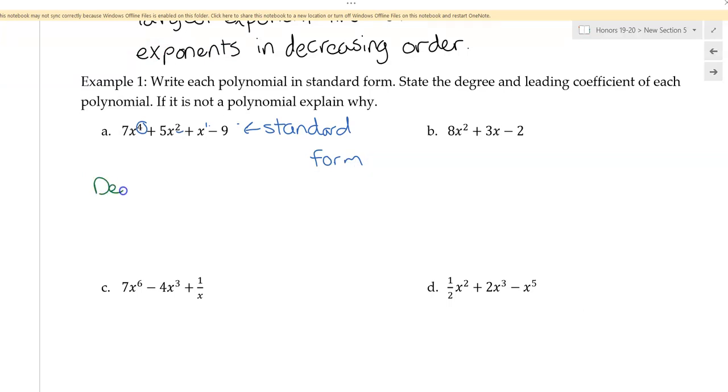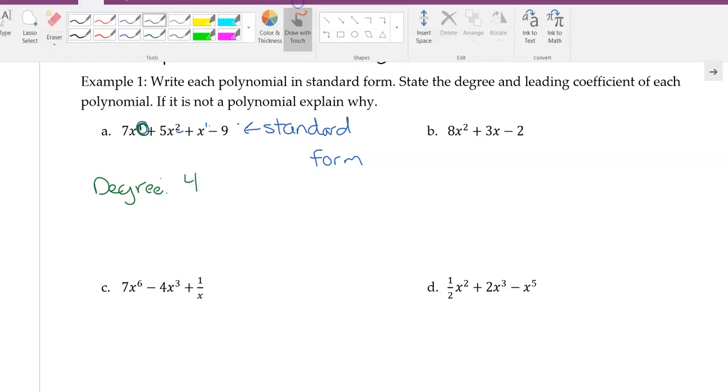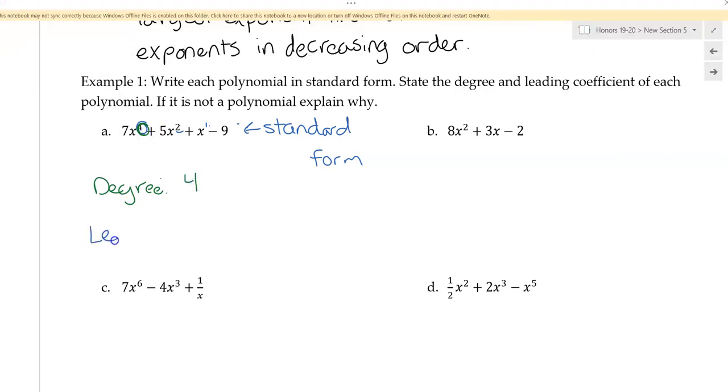My degree is 4. It comes from that largest number. And then our leading coefficient, right? It's the number in front of that. So our leading coefficient is 7. So this has a degree of 4 and a leading coefficient of 7. Looking at the 8x squared plus 3x minus 2, this is also already in standard form.